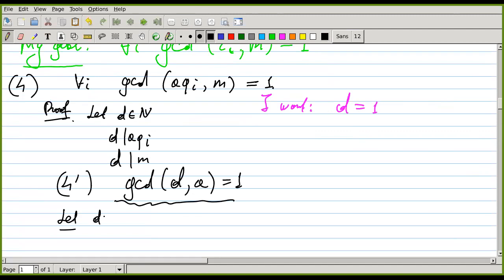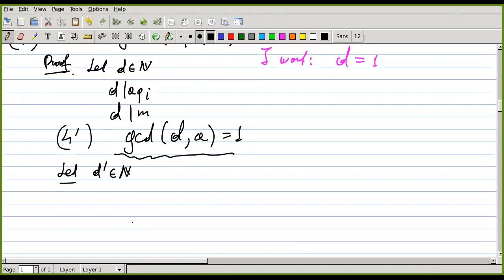I will assume that d' is a natural number and d' divides both d and a. Aha! You know, d divides m. d' divides d. What can one derive therefrom? d' divides m.